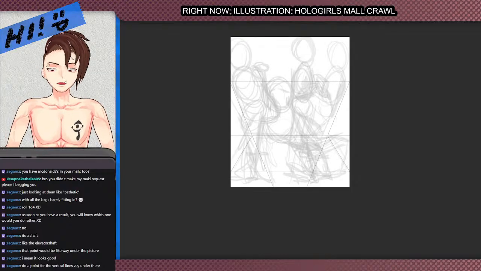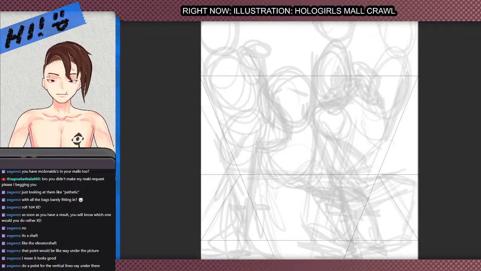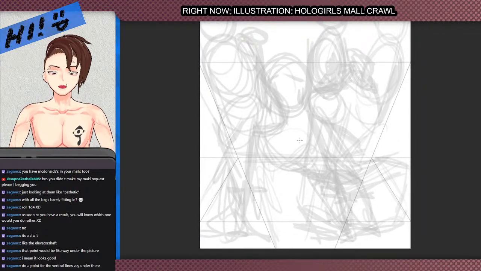So I'm going to make that thinner, and take a thicker line.